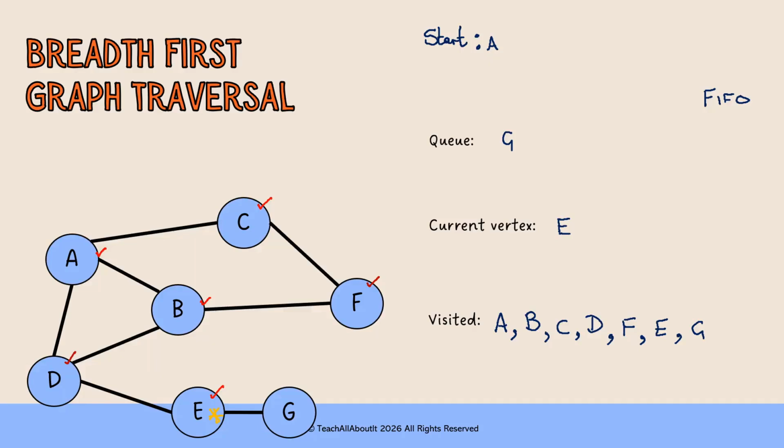There are no other nodes, so we dequeue G, change that to our current vertex, and move this one over here. We have visited G, so at this point we have nothing left in our queue. Our queue is empty, so if there is nothing left in the queue and there are no other nodes to visit, that means we have traversed the whole of the graph.